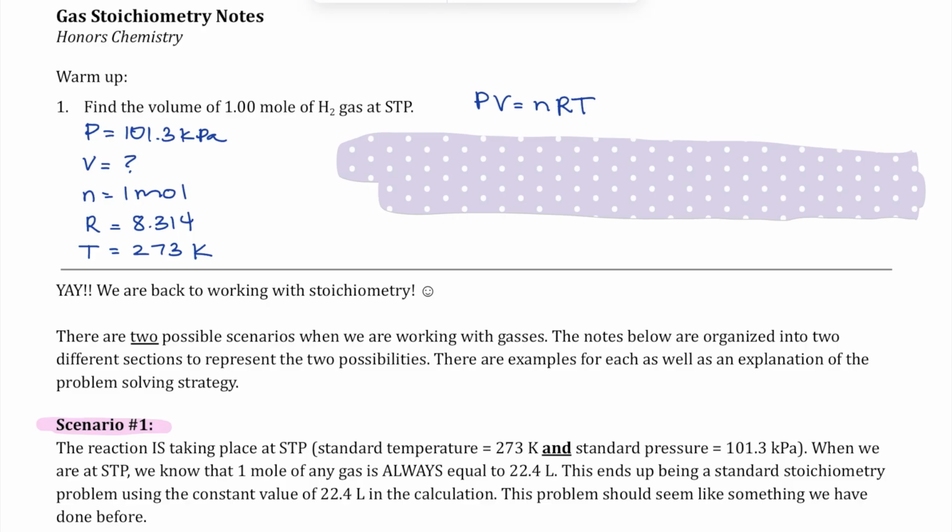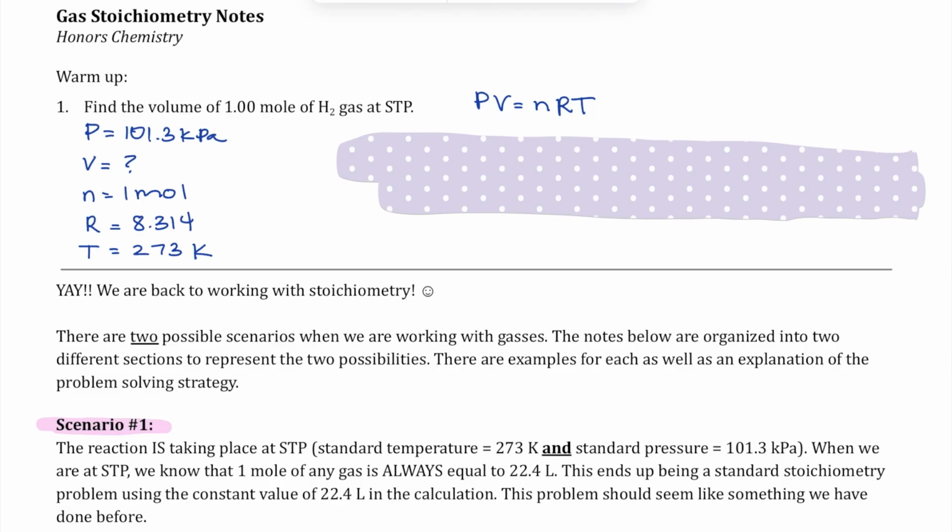And that is on our formula sheet, so you should be able to go ahead and grab that. And then as we go through, we can find volume, because we know all of our other 4 variables.